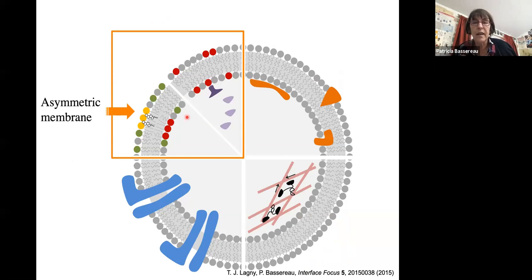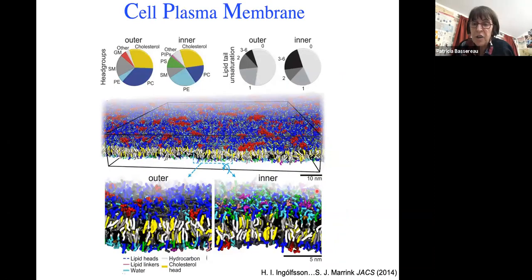Here, this is a simulation done by Marrink, which represents the lipid distribution between the two leaflets of the lipid bilayer. And you can see here a representation of the head groups between the outer and the inner leaflet. The outer leaflet contains a lot of sphingolipids, glycolipids, and cholesterol, but none of these PI lipids or PS lipids, which are charged lipids.